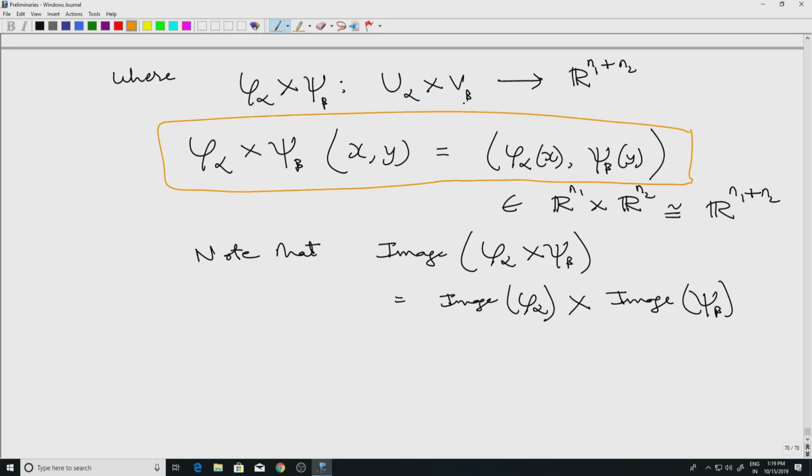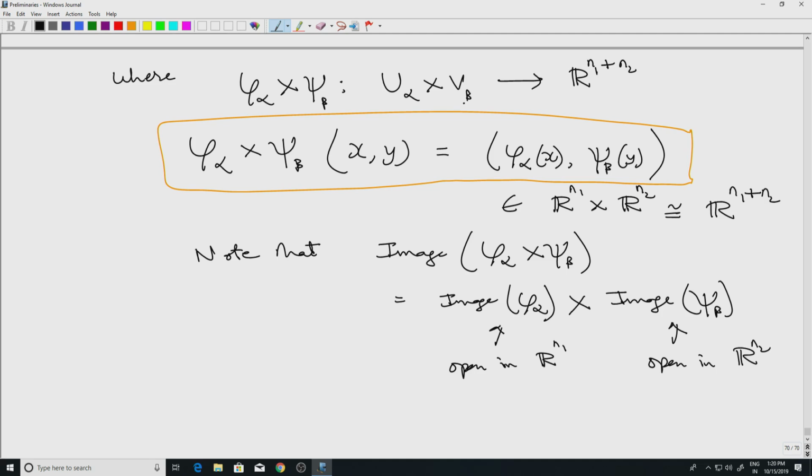The point of writing this down is that the image of phi alpha is open in R^n1, and this is open in R^n2.